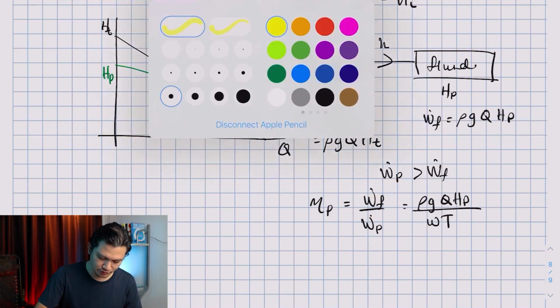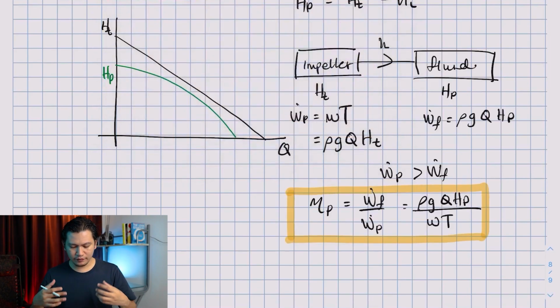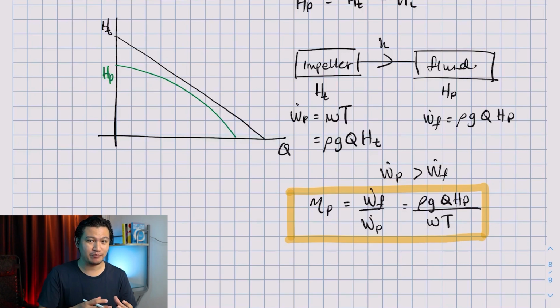Let me highlight this for you. So the efficiency of the pump is the power that is delivered to the fluid divided by the power at the impeller. And of course, when you have a pump, you want it to operate as efficiently as possible. So why are there any losses in the pump?